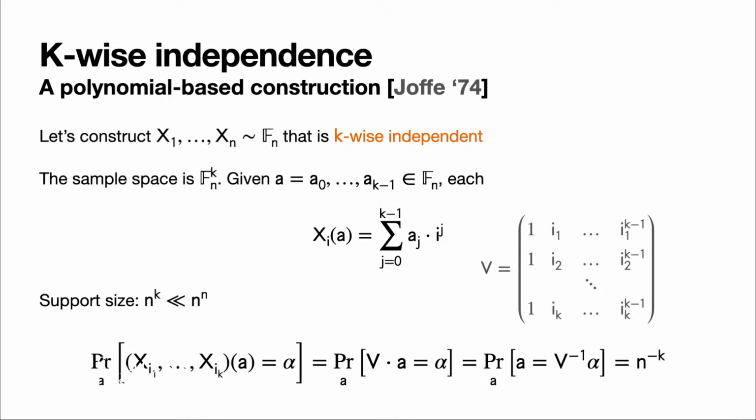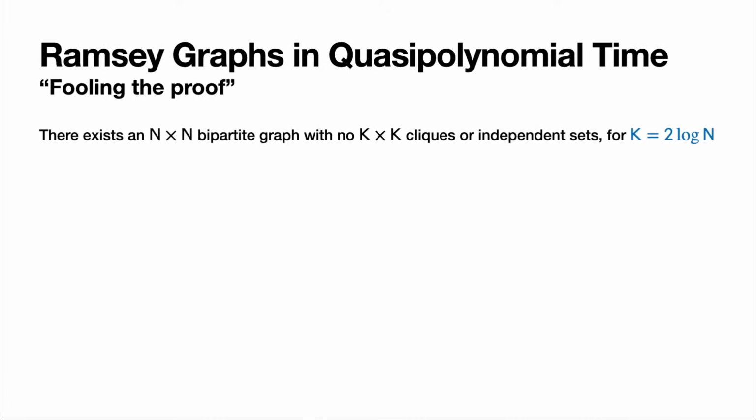Okay, let's see now two applications of k-wise independent distributions. The first one would be the nice notion that we like in pseudorandomness, which we call fooling the proof. So let's prove, remember we talked about it yesterday, there exist bipartite graphs, n by n bipartite graphs with no k by k cliques for k which is 2 log n. Let's prove it.